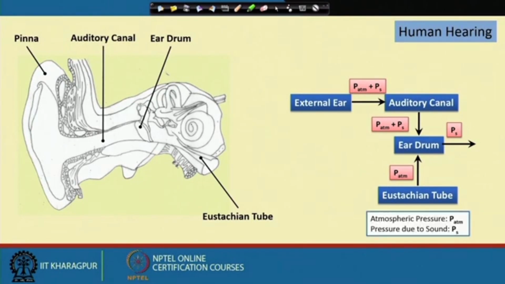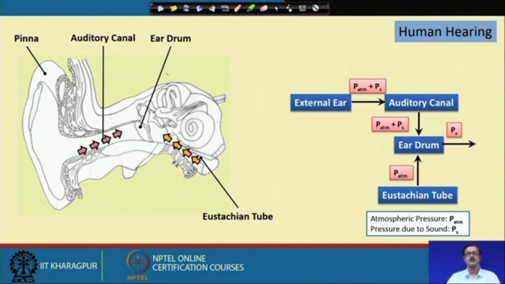I have animated this a bit: the red arrows are the pressure from the air, that is the atmospheric pressure and the sound pressure, and the yellow arrows from the Eustachian tube are only the atmospheric pressure. So the eardrum is basically under two different pressure scenarios: on one side it is P atmospheric plus P sound, and from the other side it is P atmospheric.